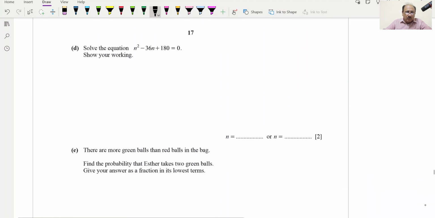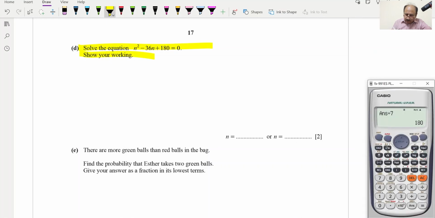Now they are saying solve this quadratic equation basically. So this quadratic equation we need to solve and show the working also. We can check with the help of a calculator, which is the easiest method, mode 5-3, and we will provide the complete working also so that there should not be any deduction of marks.